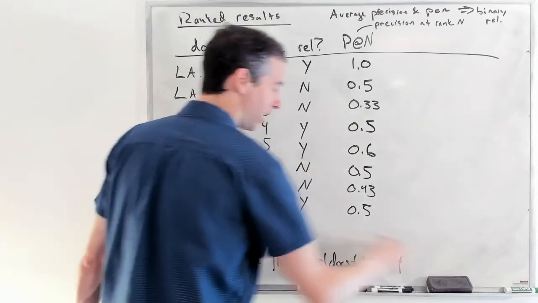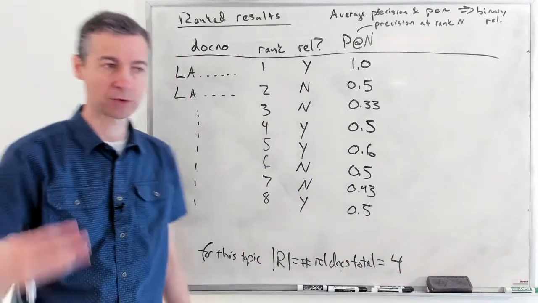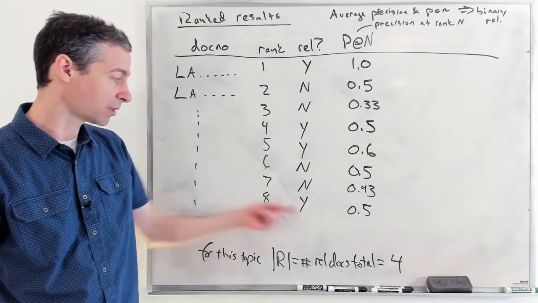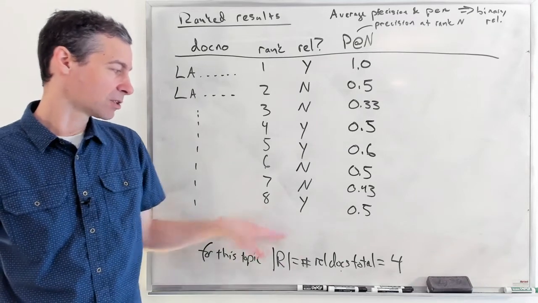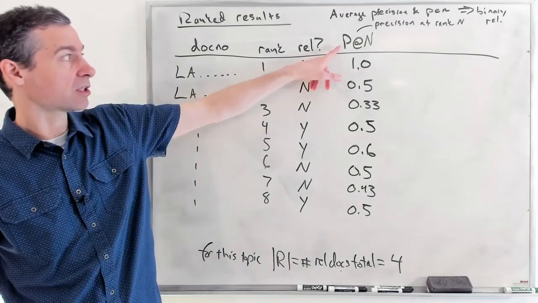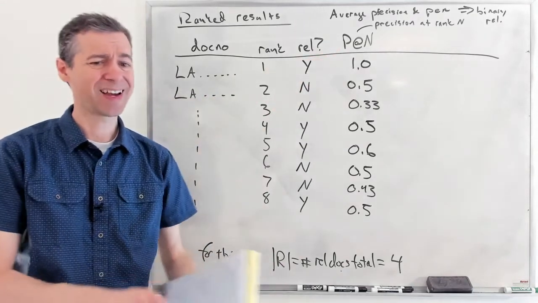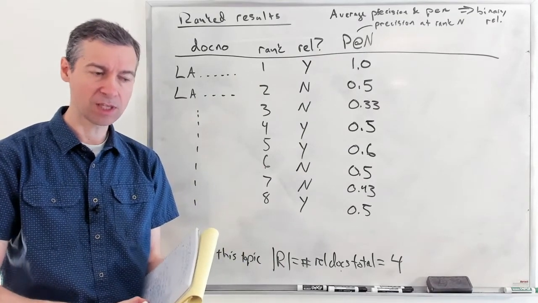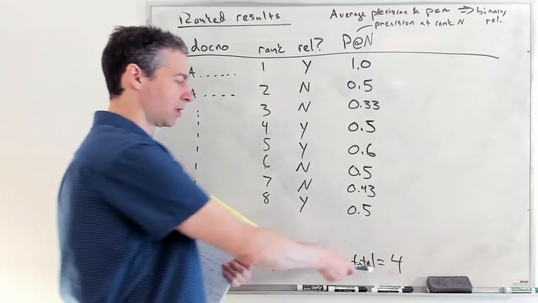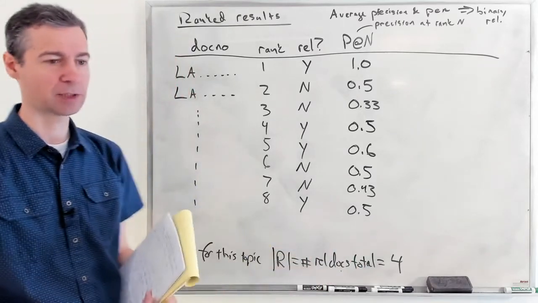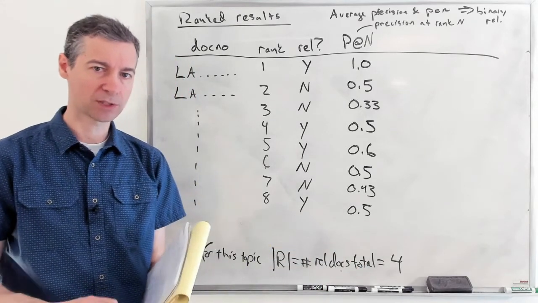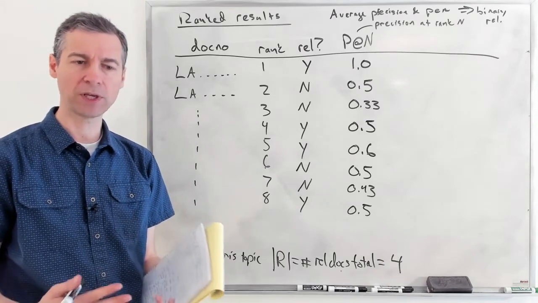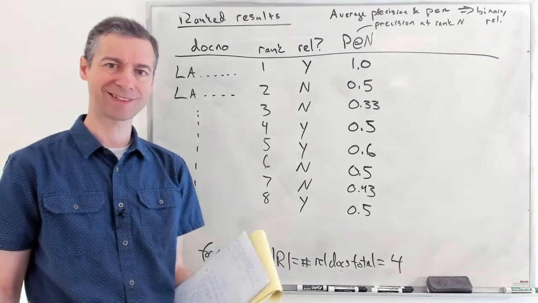You could do that, and your precision at that rank would forever keep dropping because there are no more relevant documents in the collection. So this is one of those measures, precision at a certain rank, that is a little strange. Especially if you have a small number of relevant documents, you could pick a precision at rank like precision at rank 10.